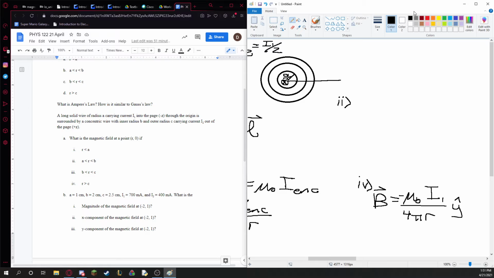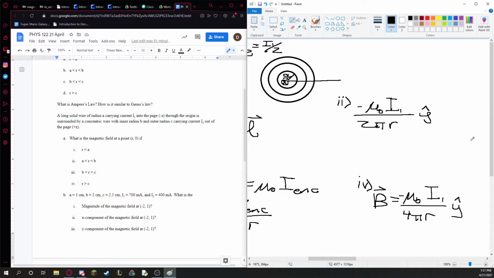You're getting mixed up with Gauss's law. That's fine, I know what you're going for. And then we know it's once again right hand rule. It's in the same direction as out here. So negative mu naught I1 over 2 pi r, negative y direction.